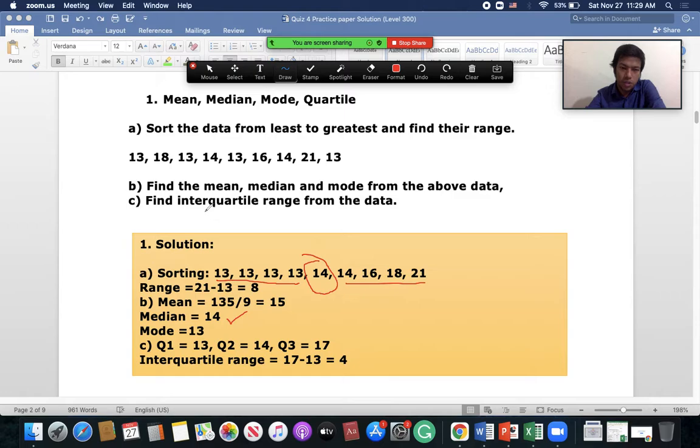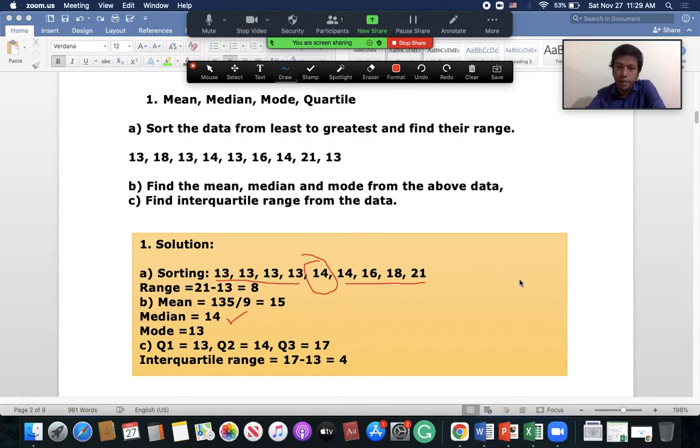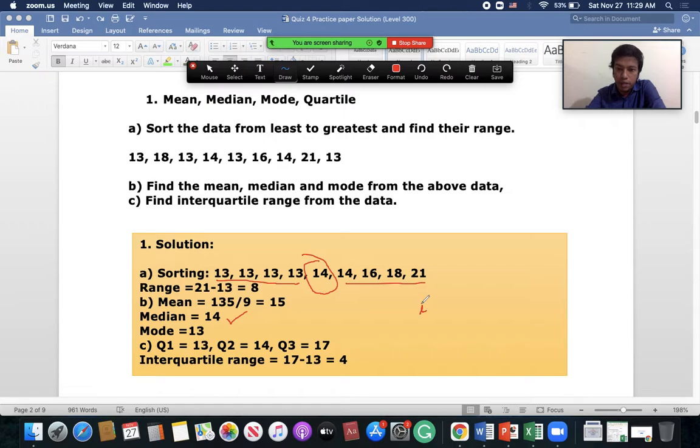Now the last question here is find the interquartile range from the data. Interquartile range is quartile 3 minus quartile 1. So how do we find that out? Here we have written quartile 1, quartile 2 and quartile 3. What are the values? How do we find them? The quartile finding formula is i into n plus 1 divided by 4.